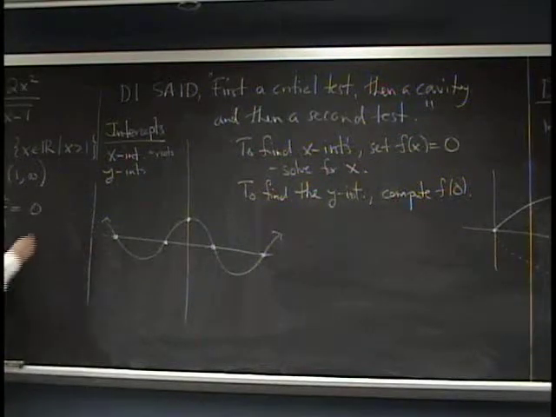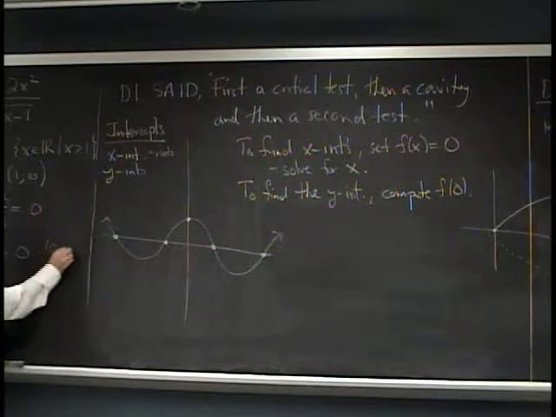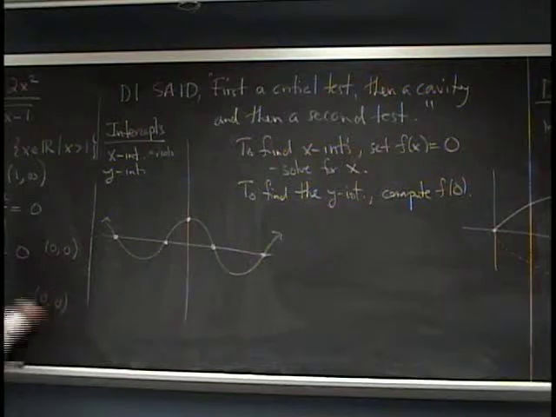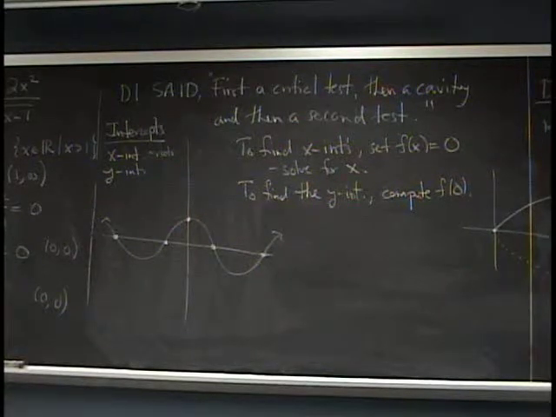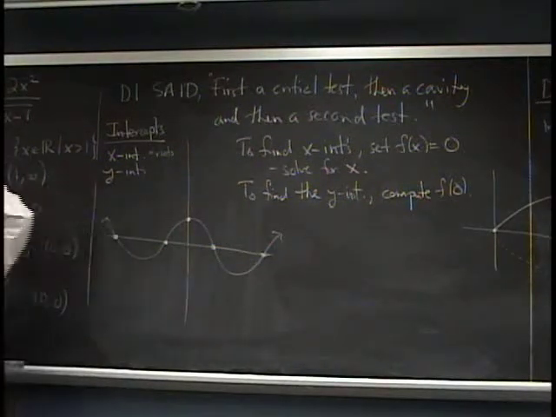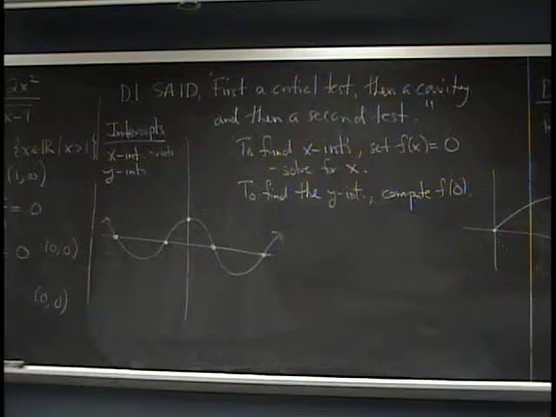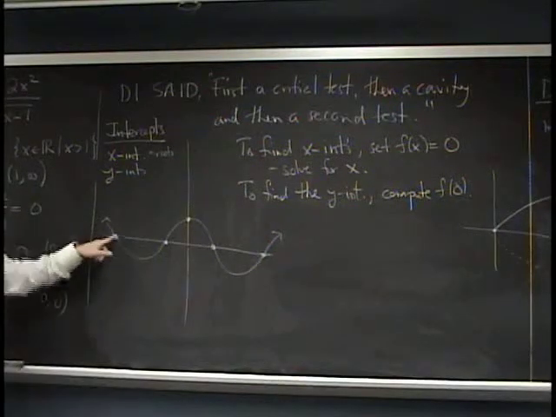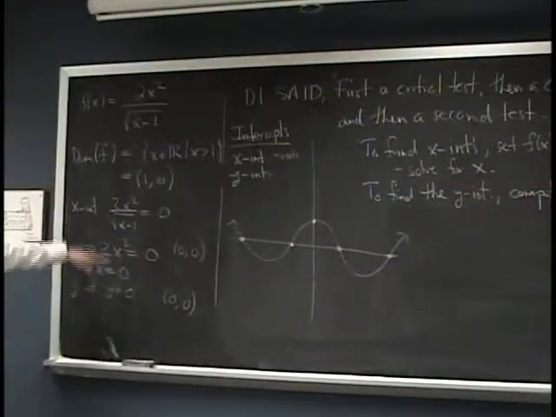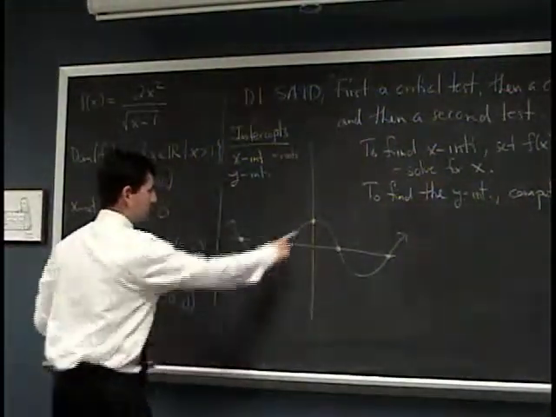This x-intercept gave you the point 0, 0. This y-intercept gives you the point 0, 0. So if you actually hit right at the origin, then that's going to double up. You're going to find that both when you do the x-intercept and the y-intercept. But of course, in other cases, you would get more x-intercepts than just 0, and you wouldn't get a y-intercept equal to 0. You'd get the y-intercept elsewhere.